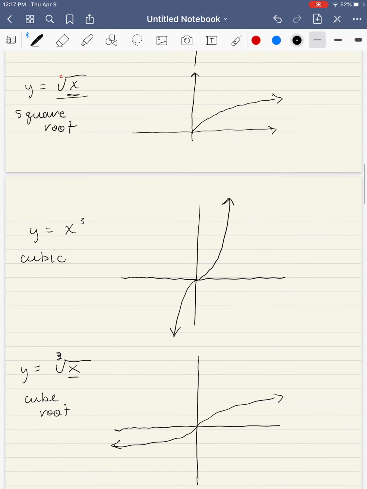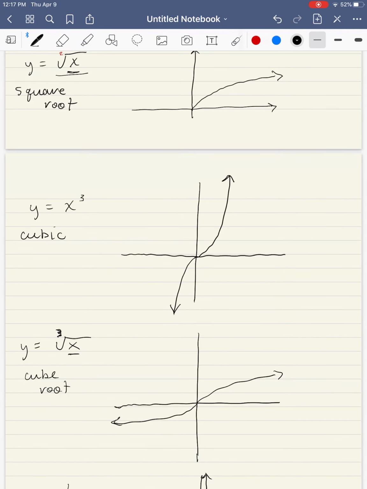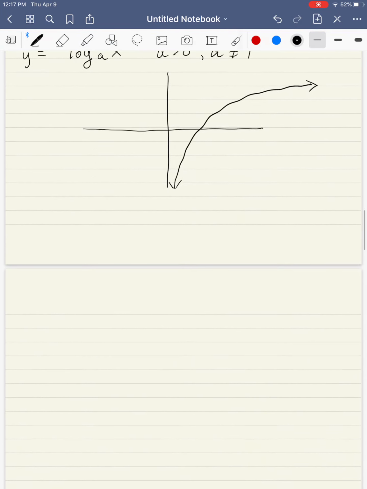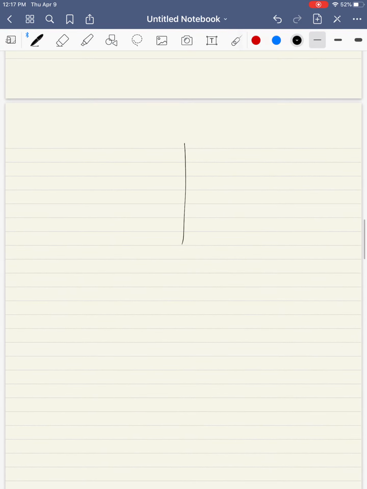But I'd like you to memorize the first 6 graphs, what their shape is, and which graph they are, so that if you were given a shape, say for instance this shape, you would recognize immediately that's y equals x cubed, or the cube root of x.